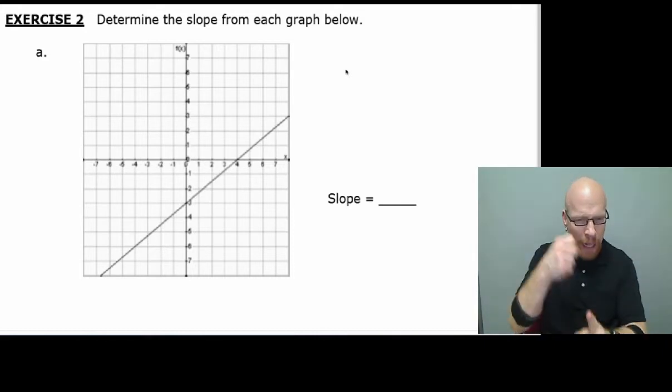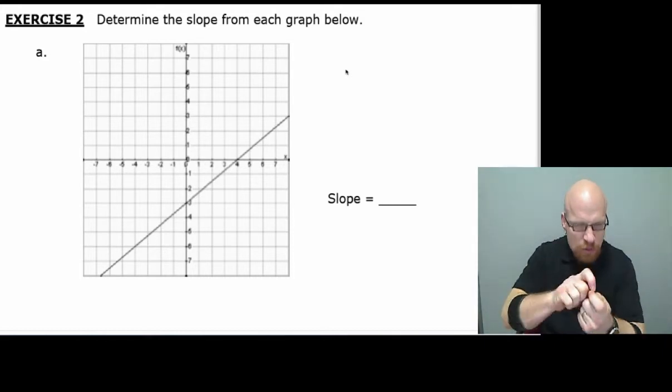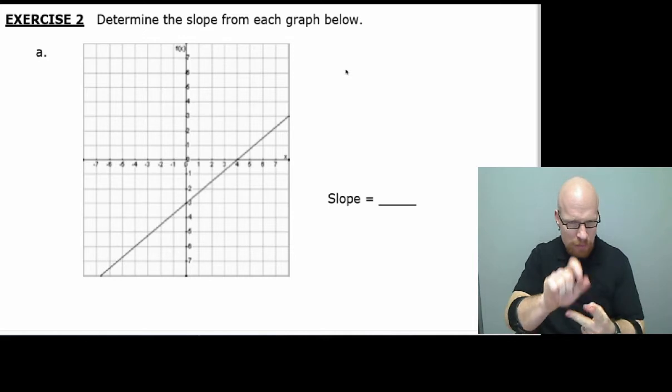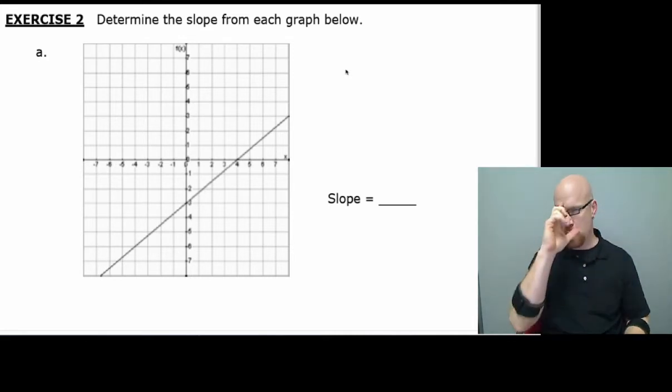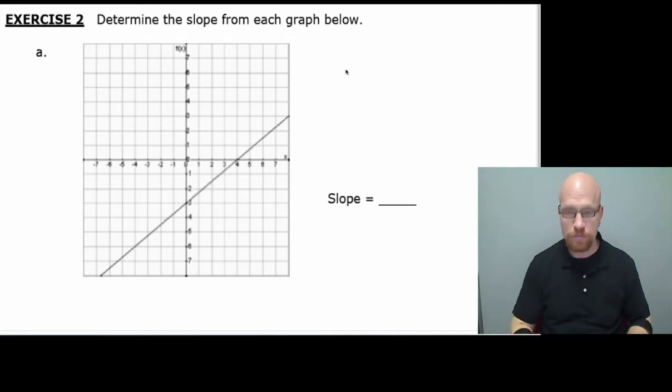Now, my first task is to figure out where to place my points on the line here. We want it where it matches up with a corner on the grid. I can see two examples.